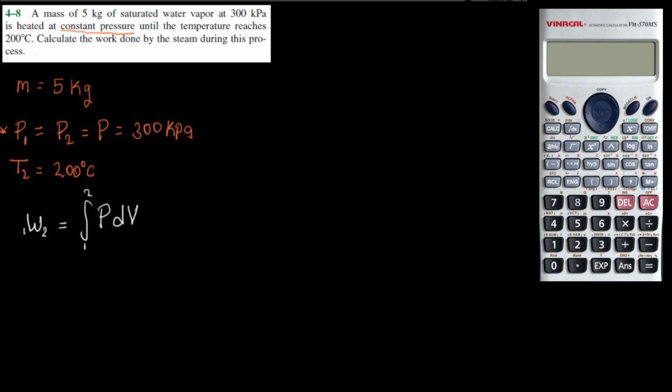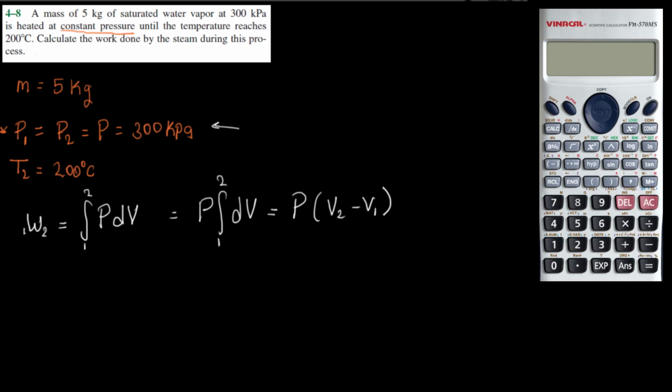And since the pressure is a constant value, we can take it out of the integration and integrate from 1 to 2 dV, okay? And when we do our integration, we end up with pressure multiplied by V2 minus V1, okay?